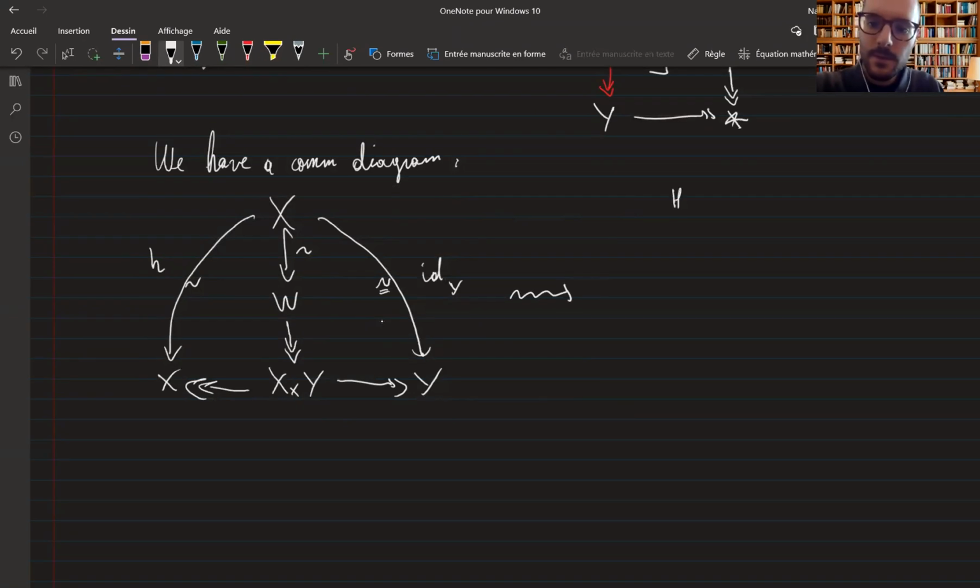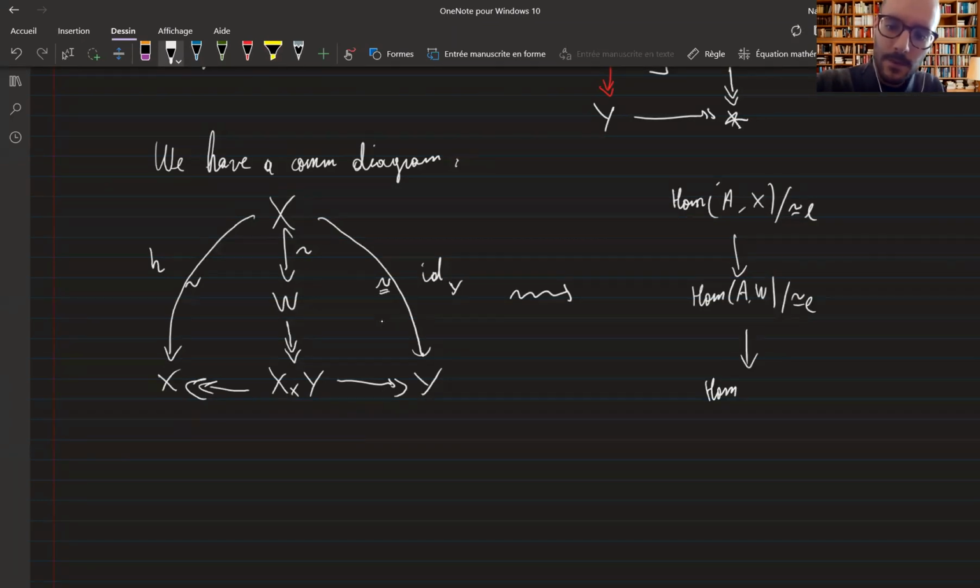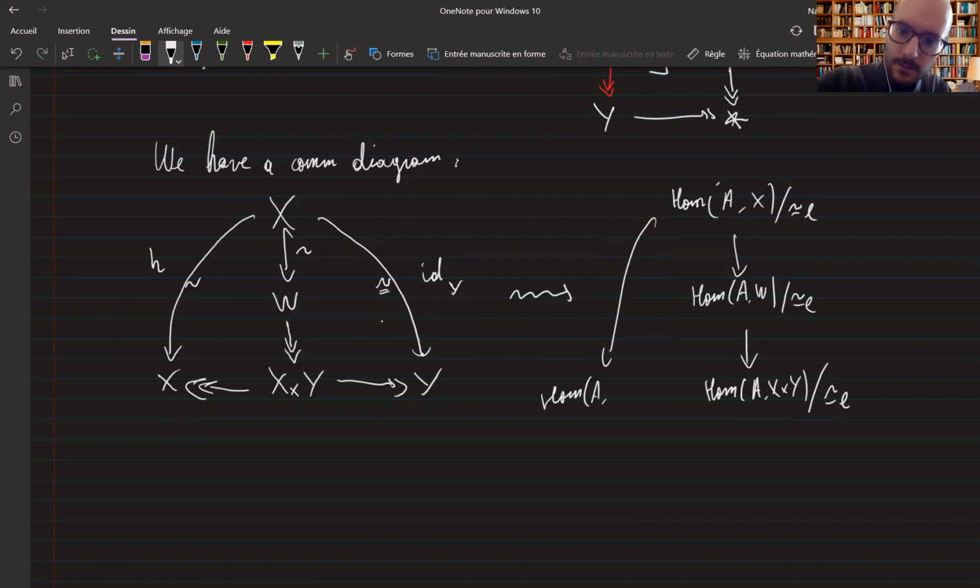They induce maps like this: hom of A to X mod weak equivalence, hom of A to W mod weak equivalence, hom of A to X cross Y mod weak equivalence. All right, I exchanged X and Y, sorry.